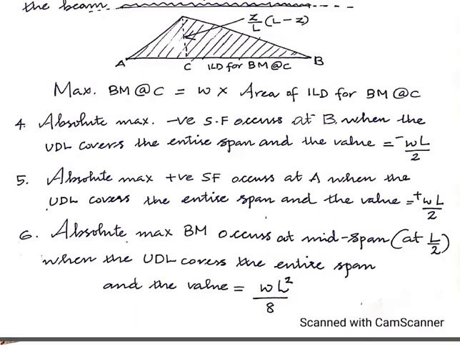So now about the absolute maximum values of shear force and bending moment. The absolute maximum negative shear force occurs at B when the UDL covers the entire span, and the value of maximum negative shear force is WL by 2. The absolute maximum positive shear force occurs at A when the UDL covers the entire span, and the value is again WL by 2.